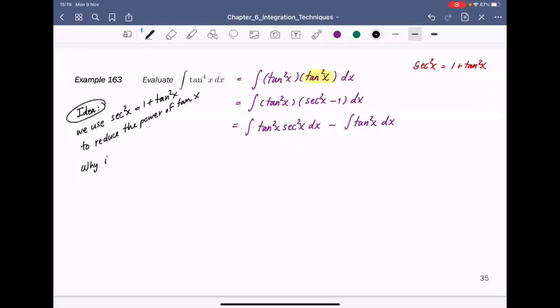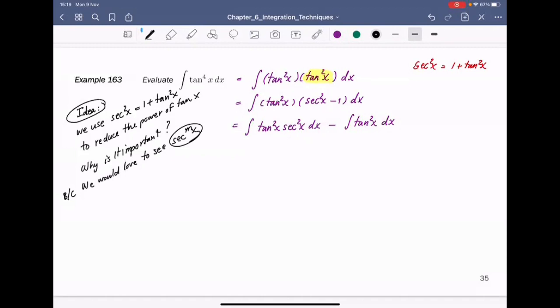Why is it important? It is important because we would love to see secant to the mx, right?